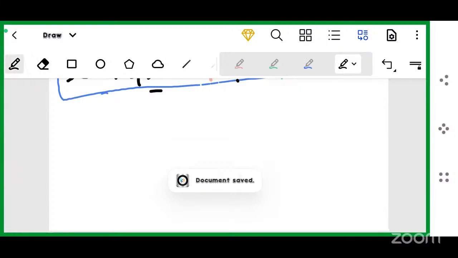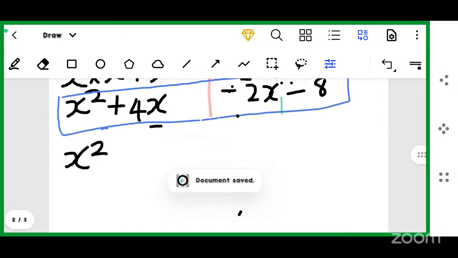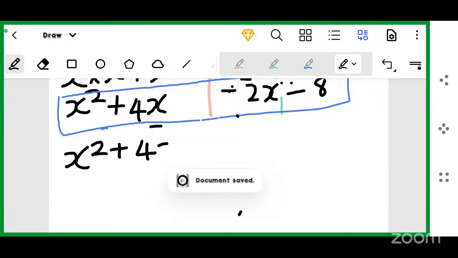So we had x squared plus 4x minus 2x and minus 8.